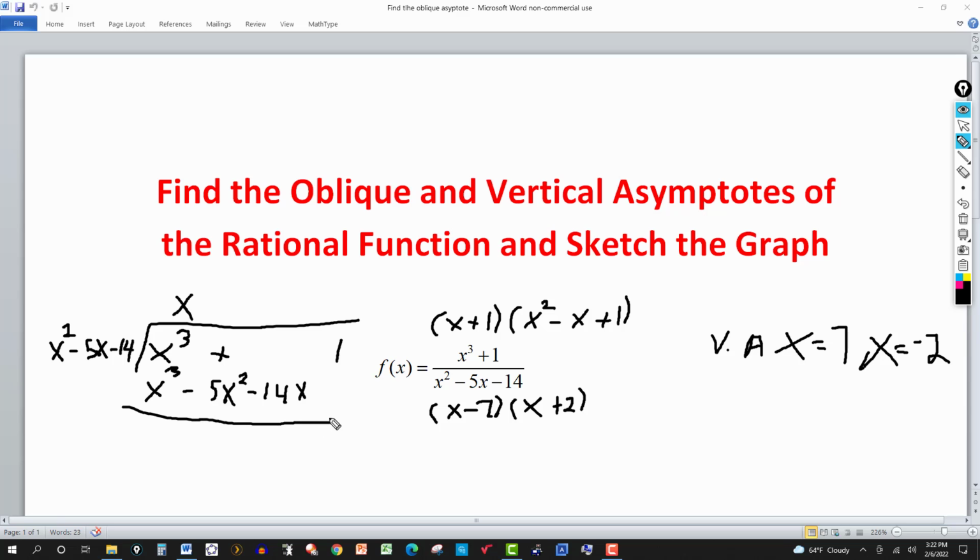And then we subtract. So x cubed, subtract x cubed gives me 0. And here I don't have an x squared term with the first entries here, so it's going to be 0 subtract the minus 5x squared. This gives me a positive 5x squared. And then 0 minus the minus 14x gives me a plus 14x. And here is 1 subtract 0, so it just leaves me a 1.